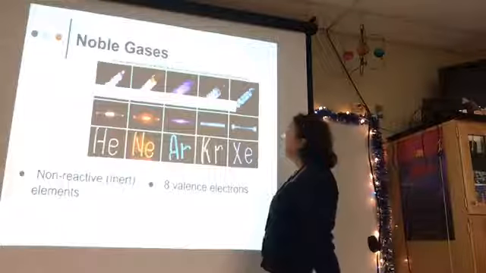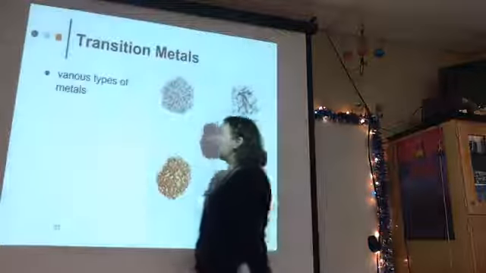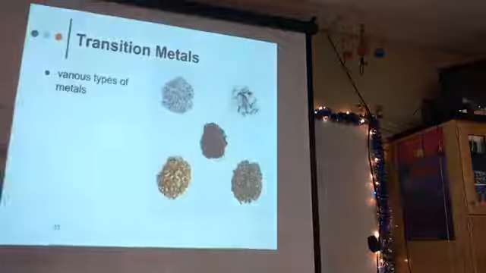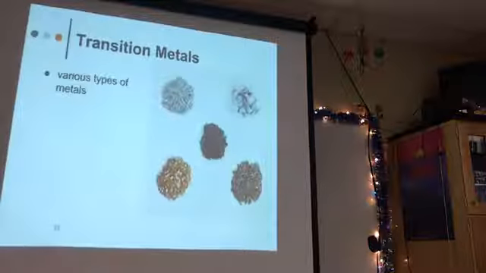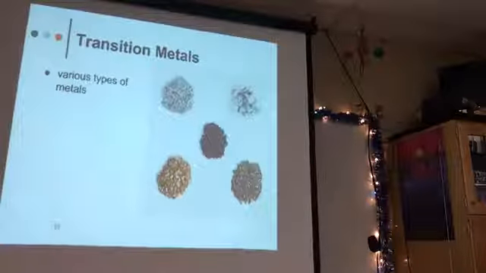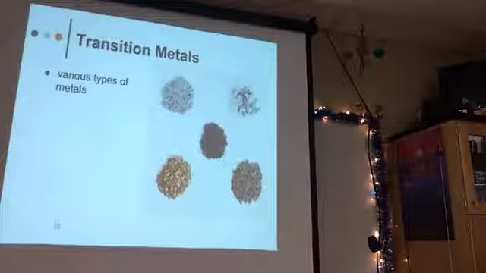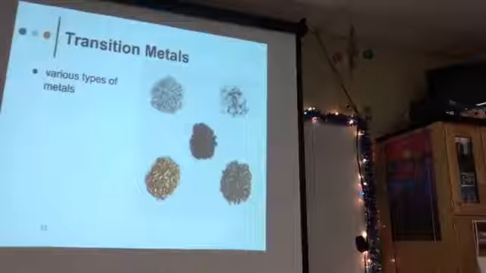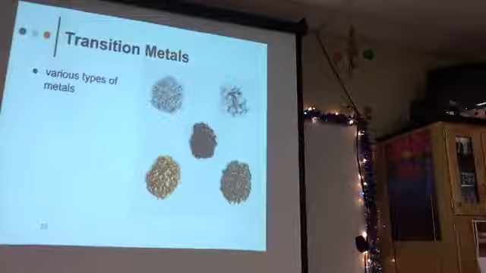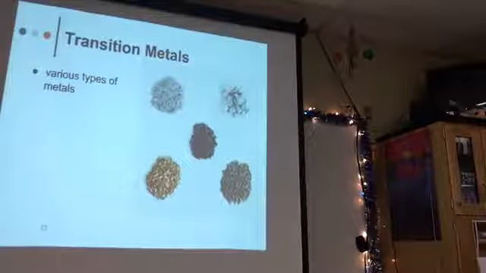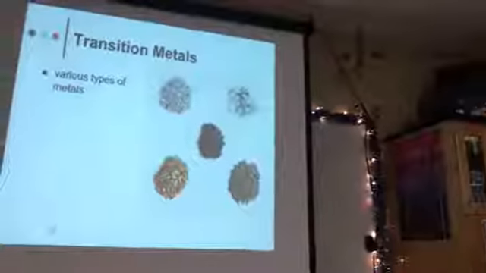Who knows? Transition metals. Transition metals are this middle section over here. They're a hodgepodge of all kinds of different elements. The transitions are your D block. You have your coinage metals up here: your copper, silver, gold, platinum, nickel.